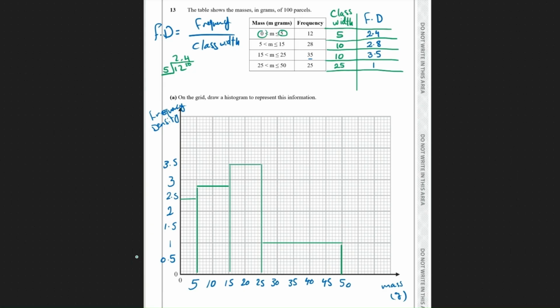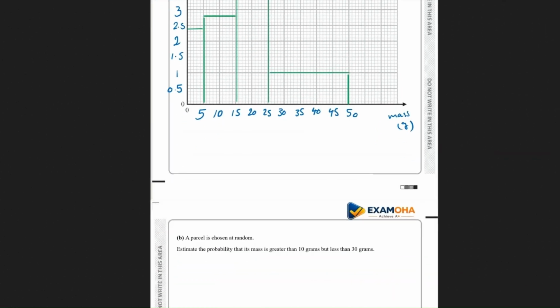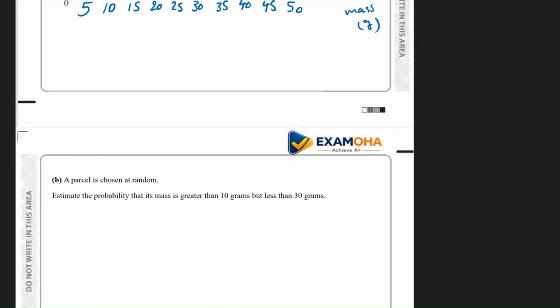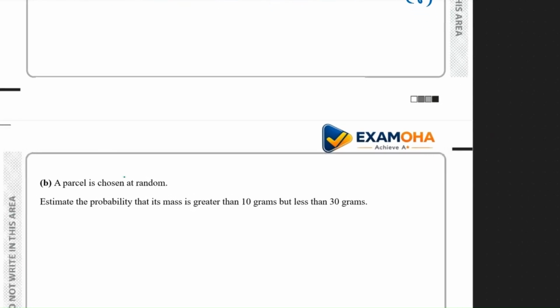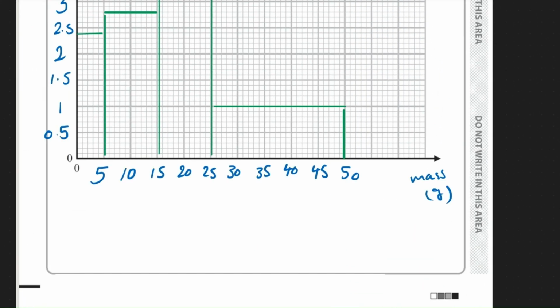Let's jump to the next part of the question, where a parcel is chosen at random. Estimate the probability that its mass is greater than 10 grams and less than 30 grams. So let's look at where 10 grams is and where 30 grams is.